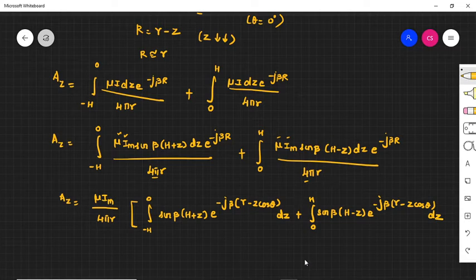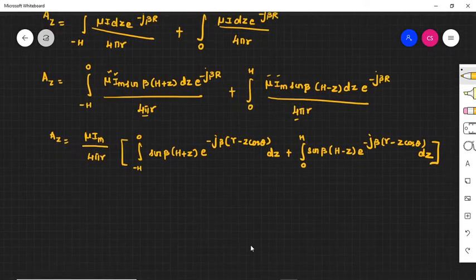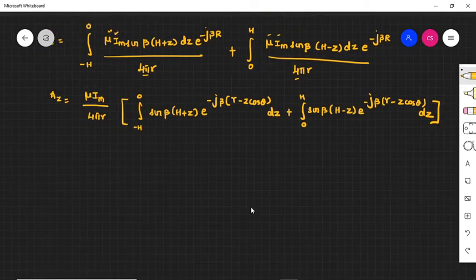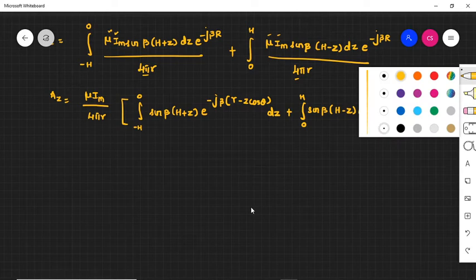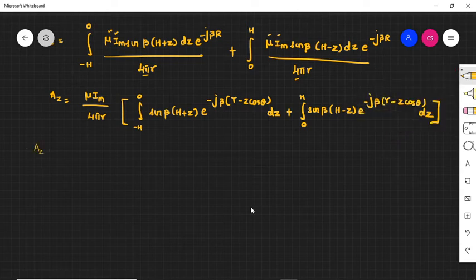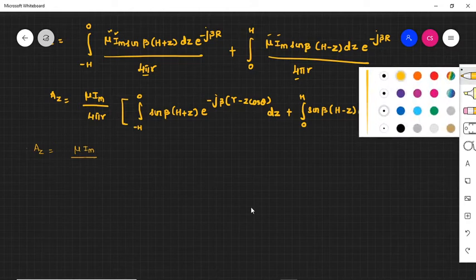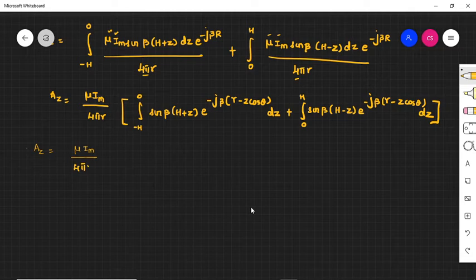Now let us simplify this equation further. This can be written as Az is equal to mu Im by 4 pi r integration of minus h to 0 sine beta of h plus z.